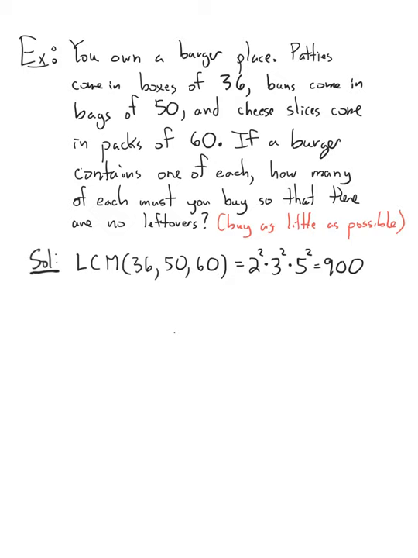So how many boxes of patties do we need to buy? So patties, well, we need 900 burgers, and they come in boxes of 36. So we need 25 boxes of patties.